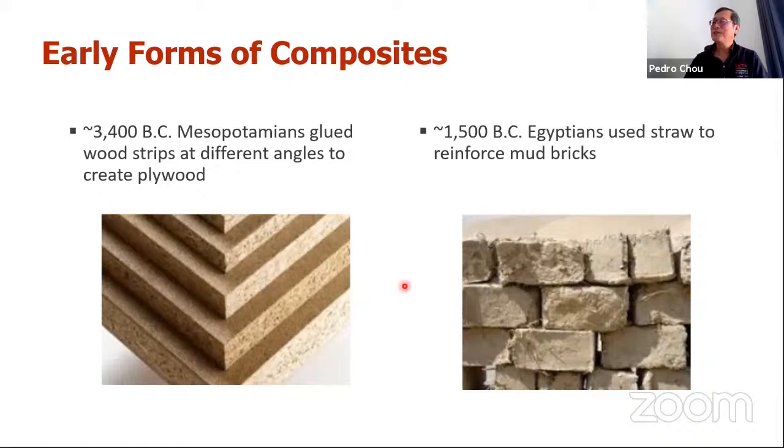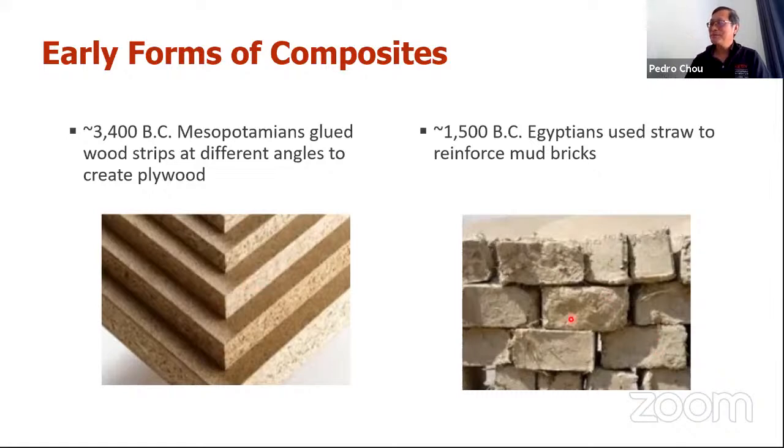The first documented use of composites came from the Mesopotamians about 3,400 years before Christ, where they would glue wood strips at different angles to create plywood, right?